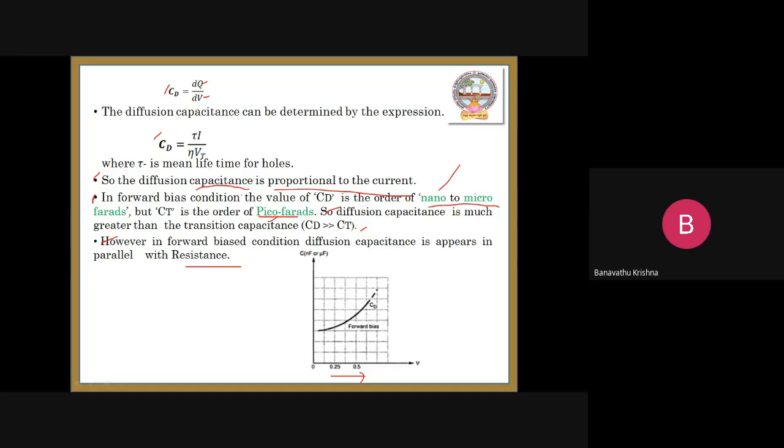That's why the diffusion capacitance is proportional to the current. This is the graphical representation of the diffusion capacitance of a junction diode.